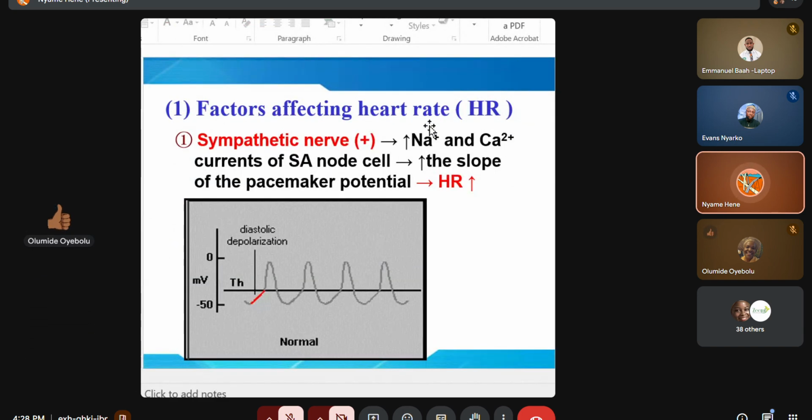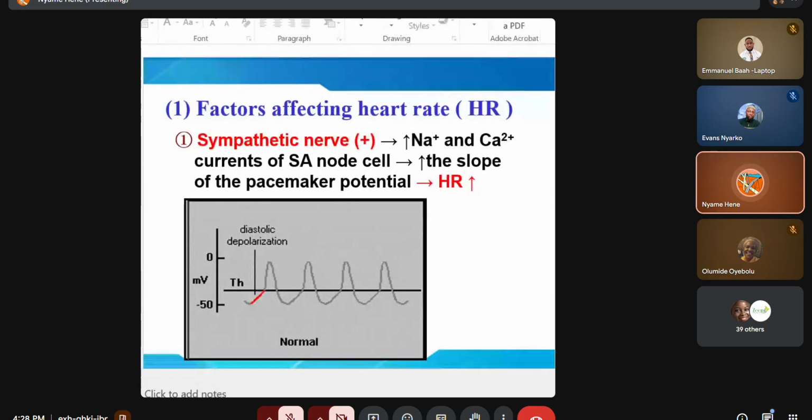So, factors affecting heart rate: you have the sympathetic nervous system. An increase in sodium and calcium currents of SA node cells leads to an increase in the slope of the pacemaker potential, leading to heart rate going up. There is a part of the heart that we call the pacemaker. That is where the electrical activity of the heart stems from.